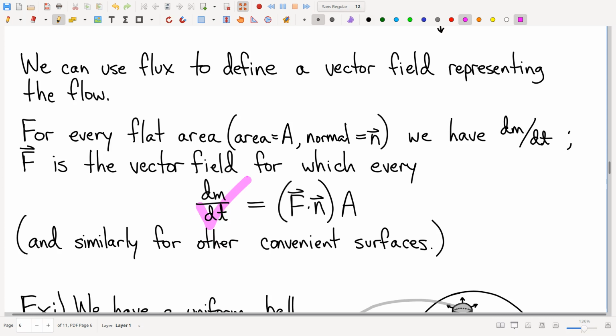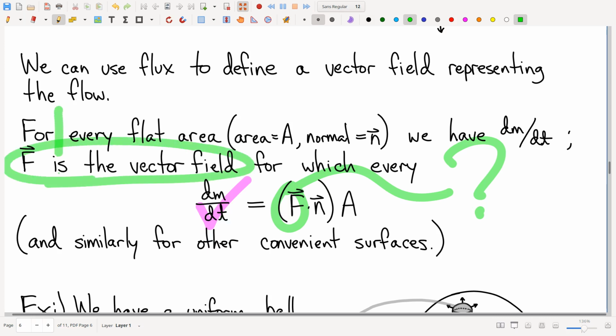And then you can reverse engineer and say, look, there's only going to be one vector field that I could put there that would make this formula work for all the areas and all of the orientations, etc. And so we would define the vector field to be whatever it is that makes its equation. So it's a nice point of view. This gets used in many different circumstances.